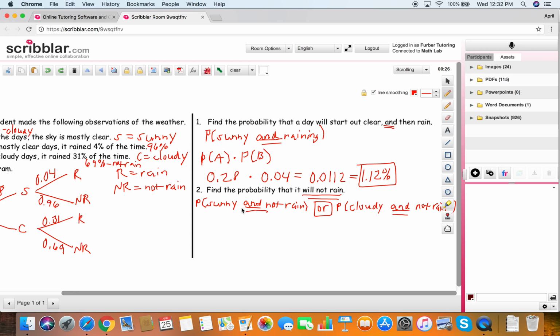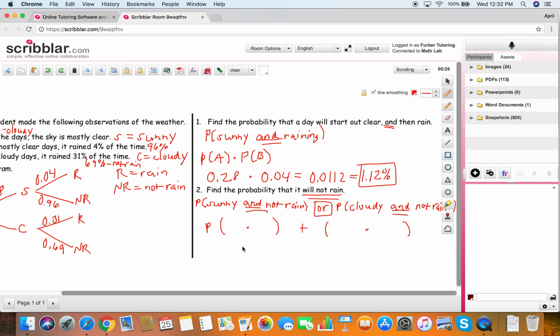So what is the probability that it will be sunny and not raining? Okay, so I have to do an and, so that's going to be a times. Then whatever I put there, I'm going to add that because or means to add. Or means it's one or the other. So then I'm going to do the probability that it's cloudy and not raining.